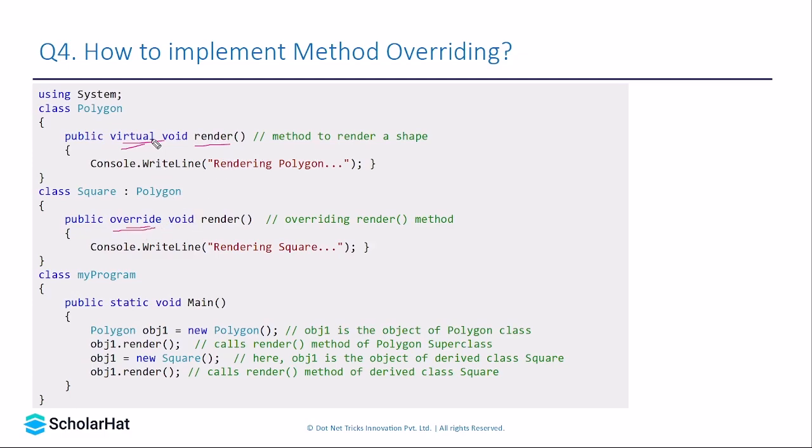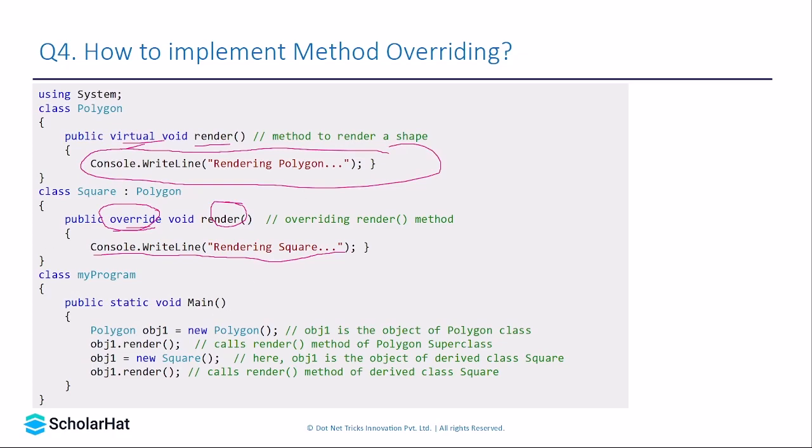So whenever we do this combination and call the same method of a derived class, when the compiler sees the override keyword, it will simply execute the statement written inside your derived class, and it will not execute the statement written inside the base class.